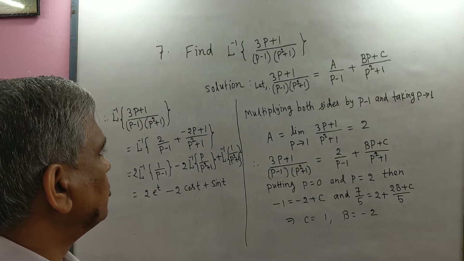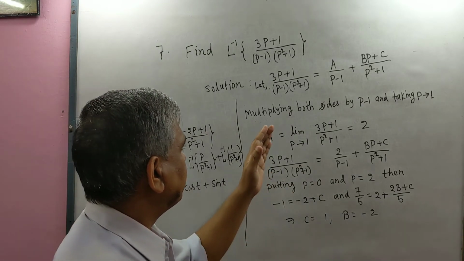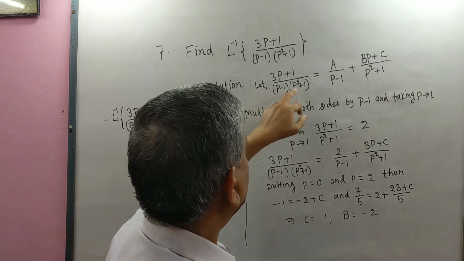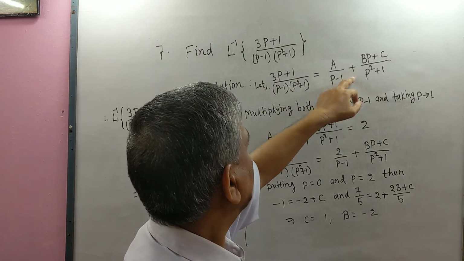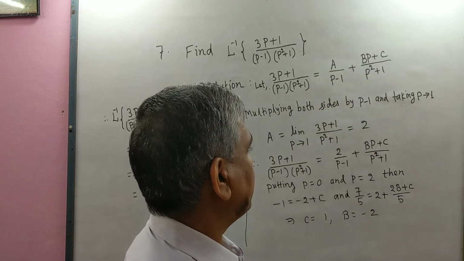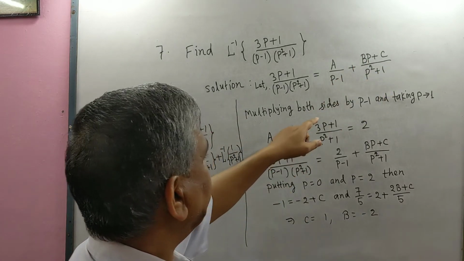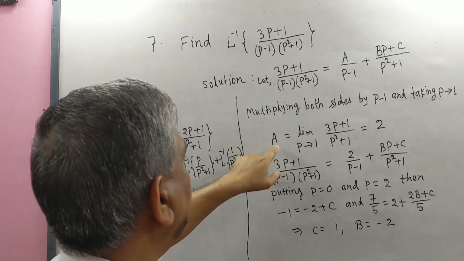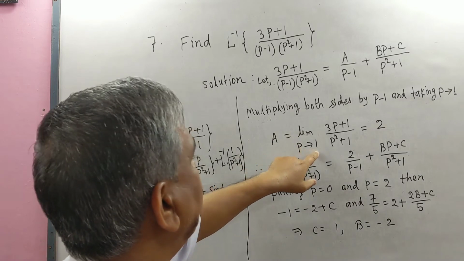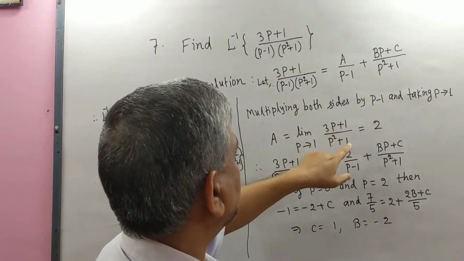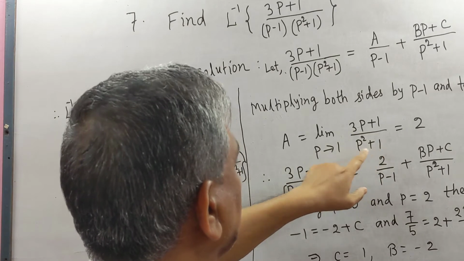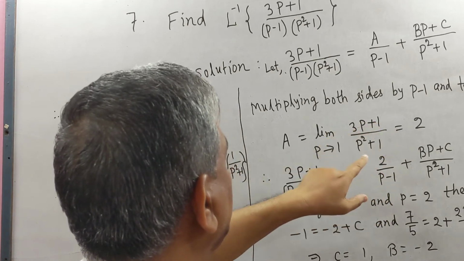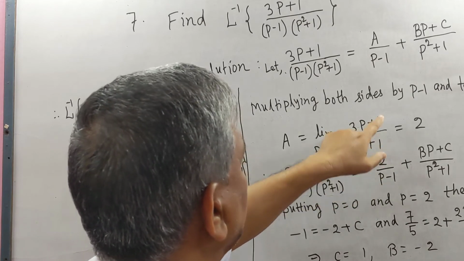So in the case of partial fraction, we take a by p minus 1 plus bp plus c by p square plus 1. Multiplying both sides by p minus 1 and taking p tends to 1, a equals limit p tends to 1 of 3p plus 1 by p square plus 1. Putting p equal to 1 here, 3 plus 1 is 4 and 1 plus 1 is 2, 4 by 2 is 2.